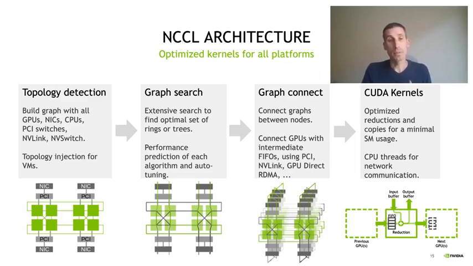The third step is to connect all those intranode graphs together through the network and to form the global rings or the global trees. And finally, when the application will run an NCCL operation, for example, reduce, we will launch some NCCL CUDA kernels to follow that path and make all the data flow from the GPUs through other GPUs through the network and perform the operation that we need to do.